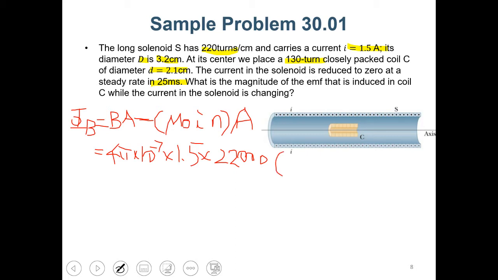And the cross-section area should be pi, for the large one, which is, not the large one, should be the smaller one, 0.021 square.